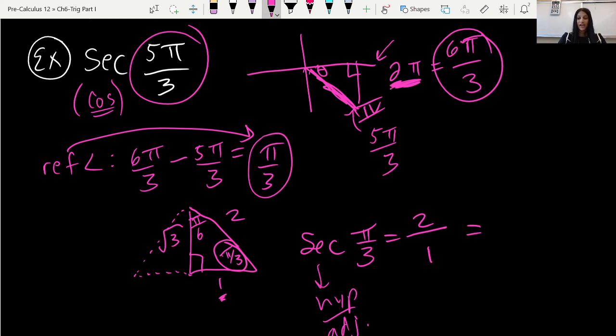So after all of that, my answer is just equal to 2. And I know it's positive 2 because we know that we're in the fourth quadrant where the x values are positive, and it's the x value that we're dealing with because it is hypotenuse, which is like r over adjacent, which is x. So the y value in this fourth quadrant is negative, but we're not dealing with y value when we're talking about secant.